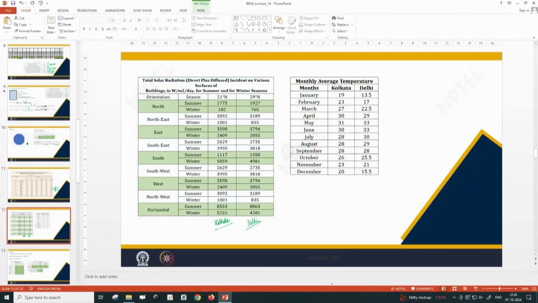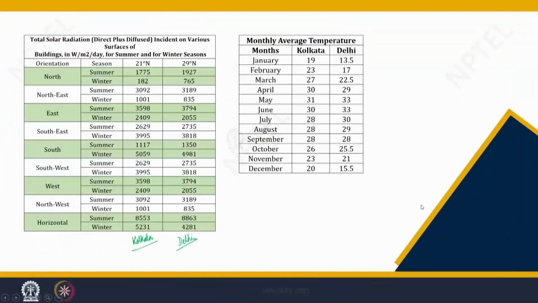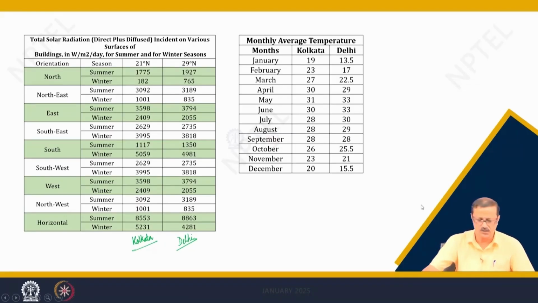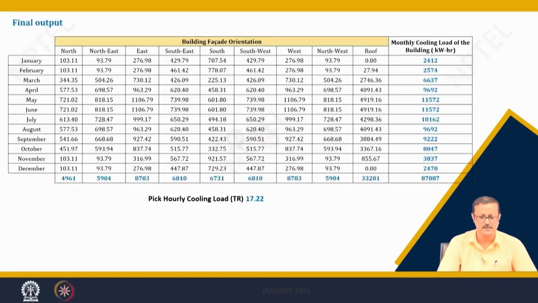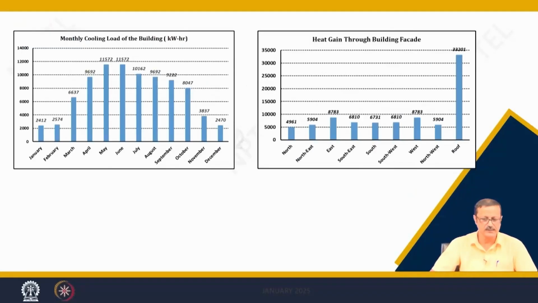So, let us go back to the PowerPoint presentation again. Based on this I have calculated the peak hourly load and those final outputs. I have already shown this graph, but I only have to check that this roof is not changing based on the U value, so maybe there is some error.